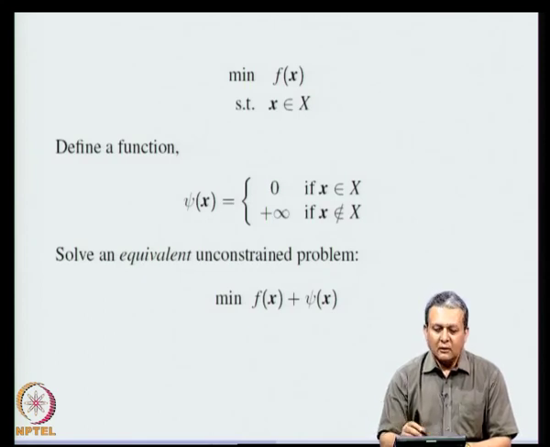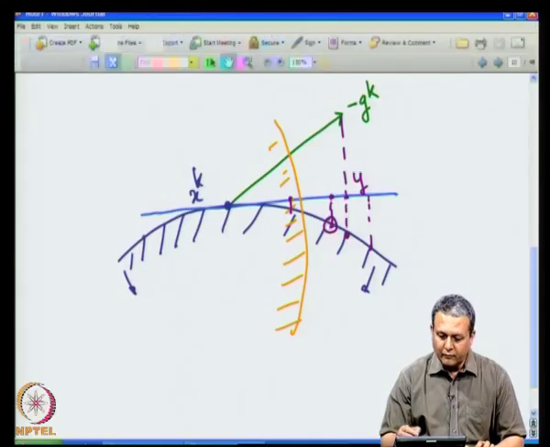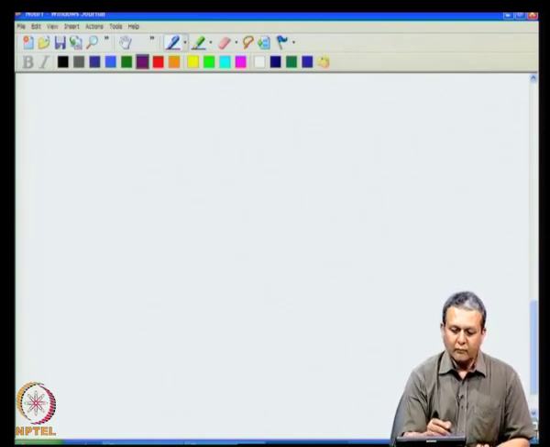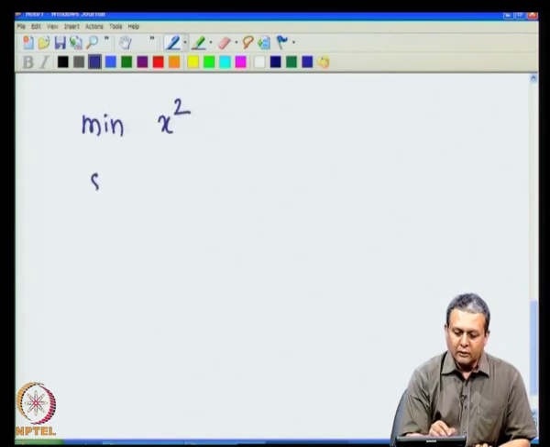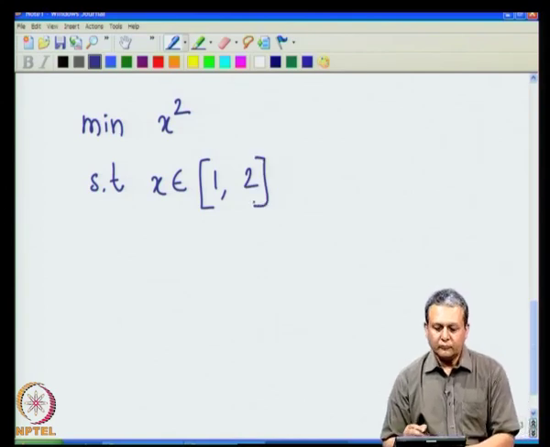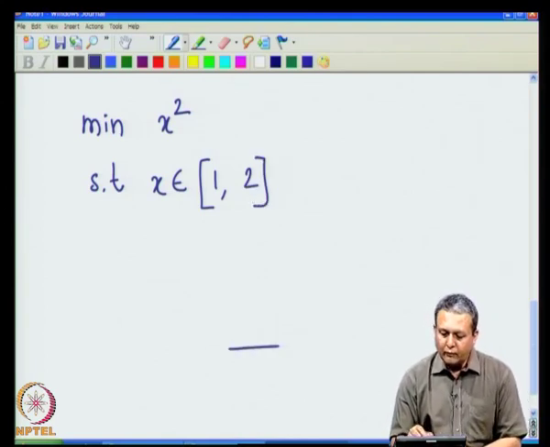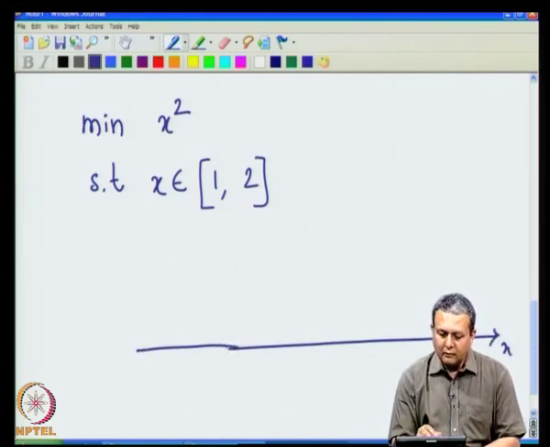Now, if you think of this function, let us consider a simple problem: to minimize x square subject to the constraint that x belongs to [1, 2]. Now, on the real line, this is 1 and 2.